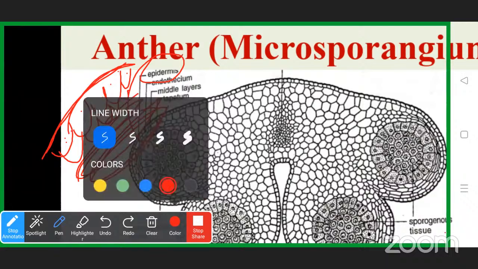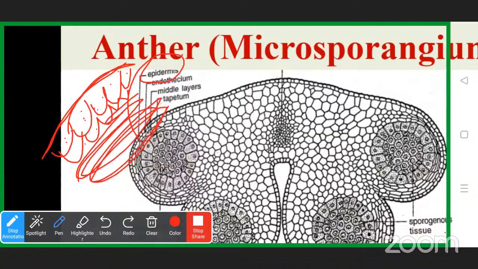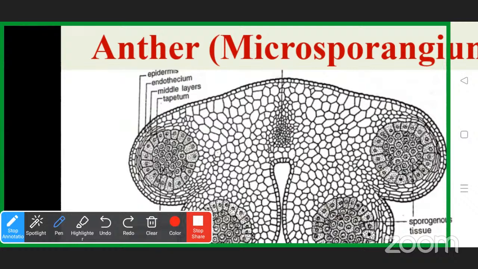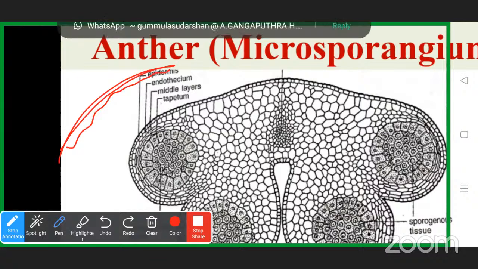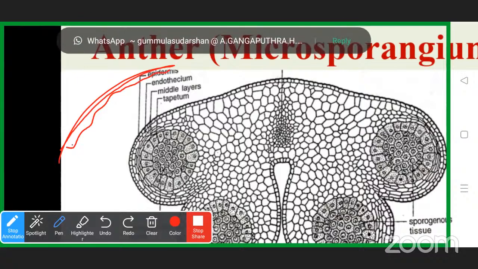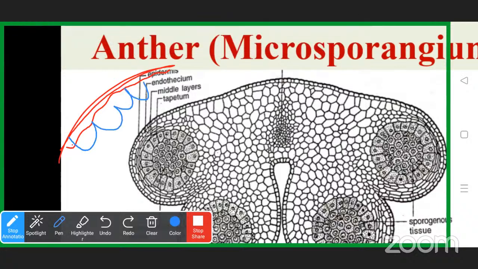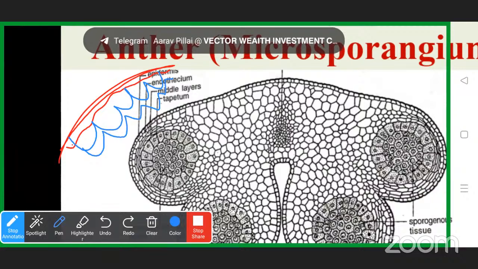And the innermost layer of the anther is called the tapetum. Okay.